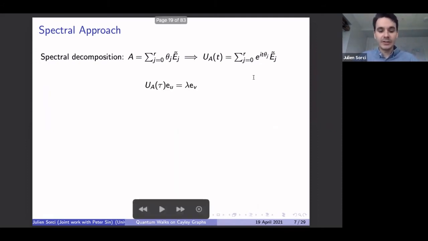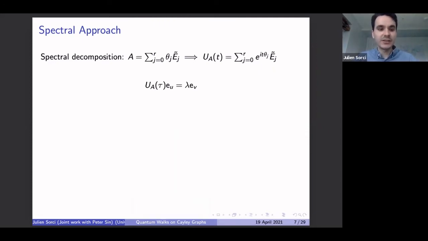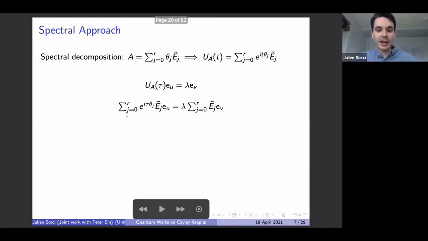Now, if we play around and assume that we have perfect state transfer, we can say some things about the spectral decomposition as a result. So assuming we have perfect state transfer from U to V at time tau, we can put in the transition matrix on the left-hand side, this sum of projections.